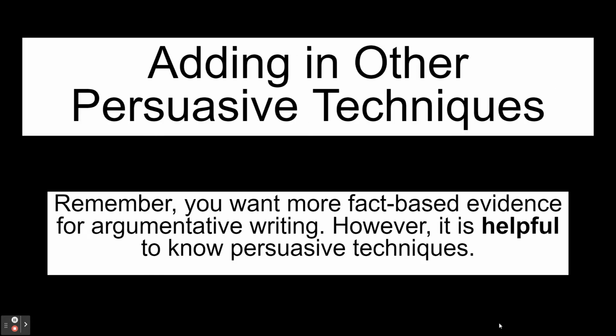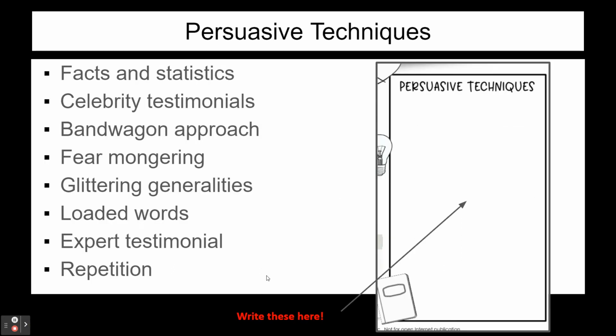Okay, adding in other persuasive techniques. So you definitely want to make sure you have more fact-based evidence for argumentative writing. But it is helpful to know persuasive techniques. The more you can put those things in there, it is going to be good. People want to listen to you when you use them. So this is the list of persuasive techniques.